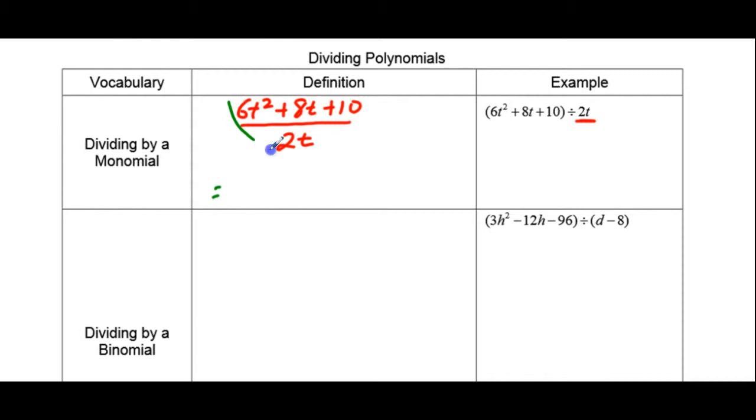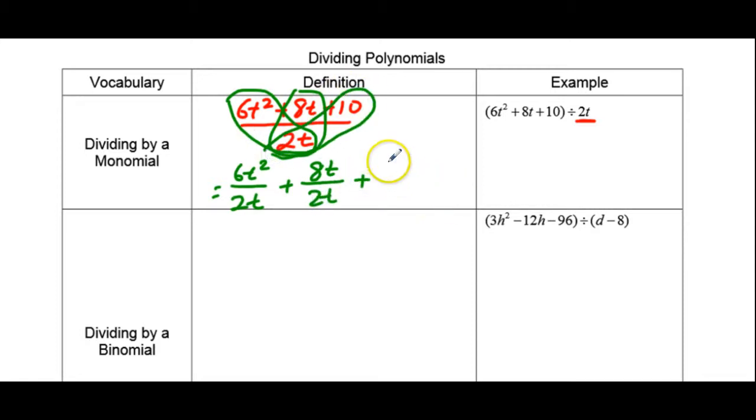Take this together, for instance, and put 6t squared over 2t, plus, and then we take the middle two terms, 8t divided by 2t, plus, then we take the last term and do 10 divided by 2t. Simple as that. All we have to do is rewrite it into three separate terms.